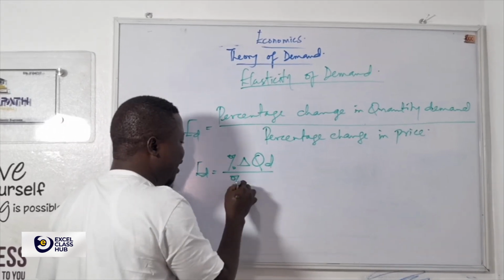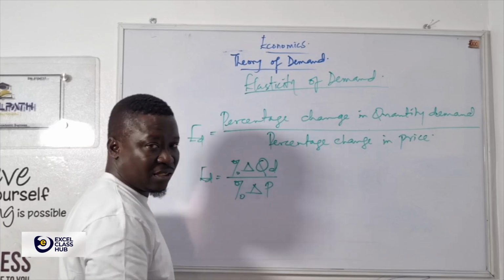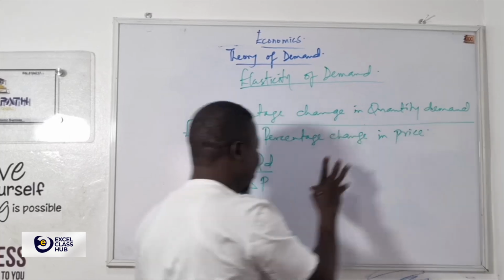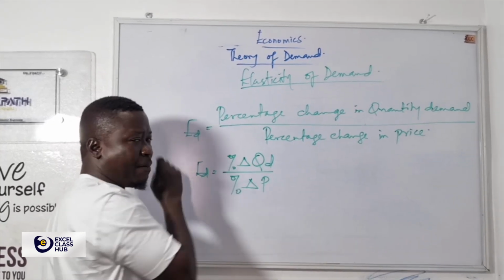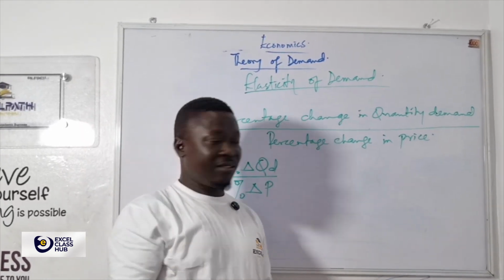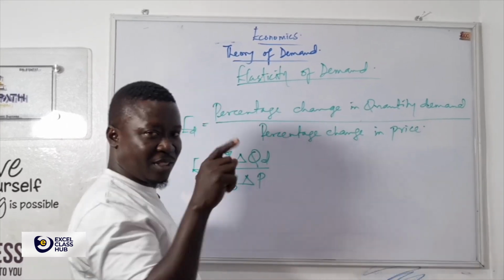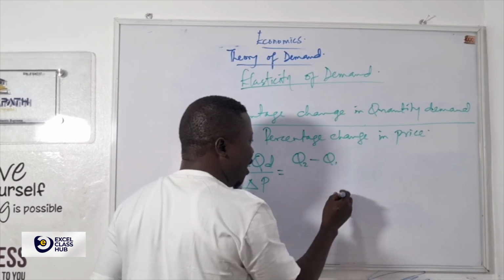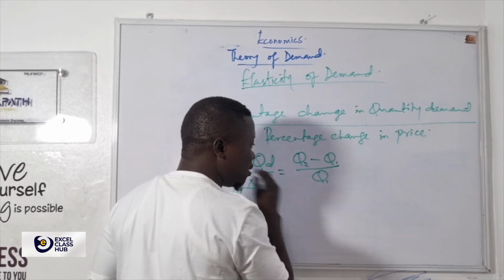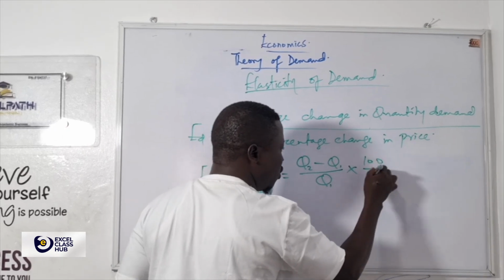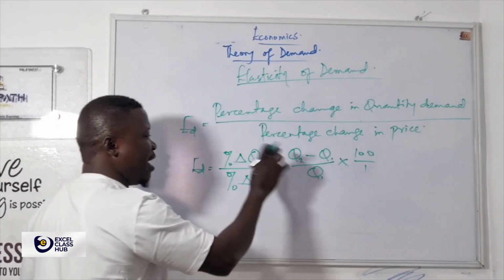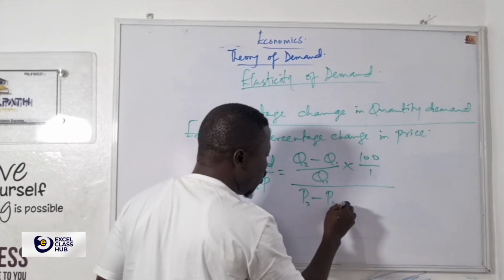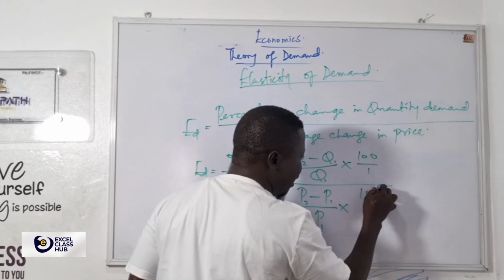Now, I have converted this theory to mathematics. When they say percentage, it means 100 over 1, right? When they say change, it means Q2 minus Q1 over Q1 times 100 over 1, over P2 minus P1 over P1 times 100 over 1.